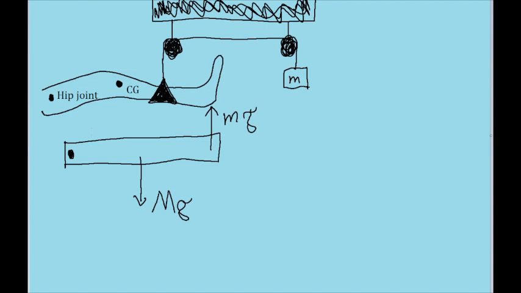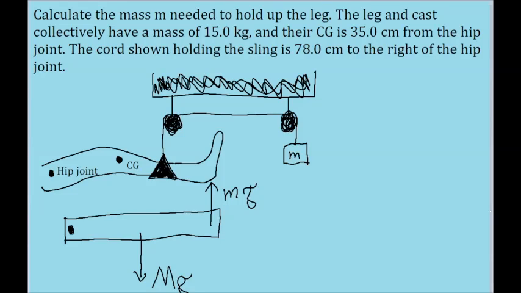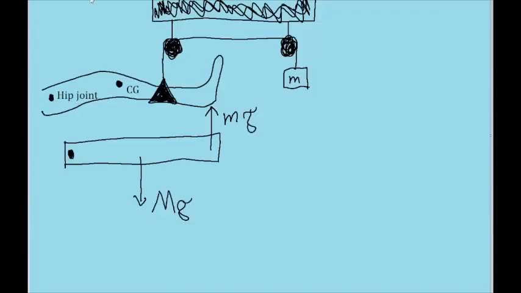Now with torques, we need to know the distances from the axis of rotation. We need to know the lever arms, but we're given that actually, because the problem gives us the distance between both the CG and the sling from the hip joint. So let's call this distance right here, which is given, the distance from the hip joint to the center of gravity, x1.